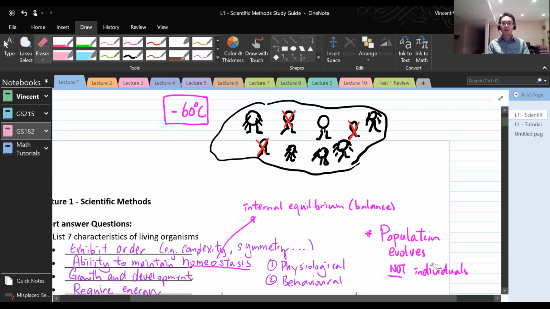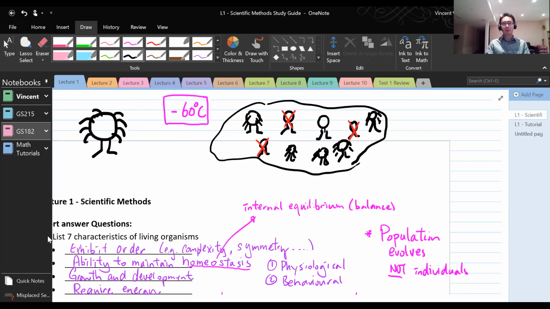Individuals do not evolve. So it's not like this. This is a big misconception when people think about evolution. They think that there is the naked one, and then it gets really cold, and so they start growing fur. That is not what happened. Individuals do not evolve. It is the population that evolves.